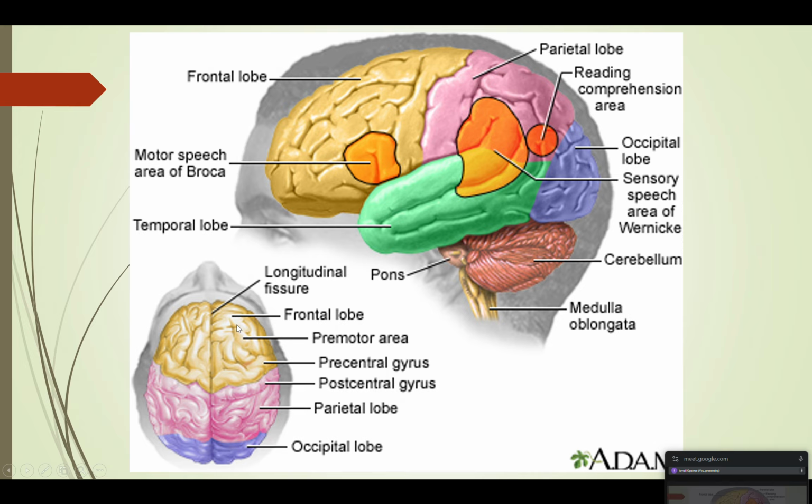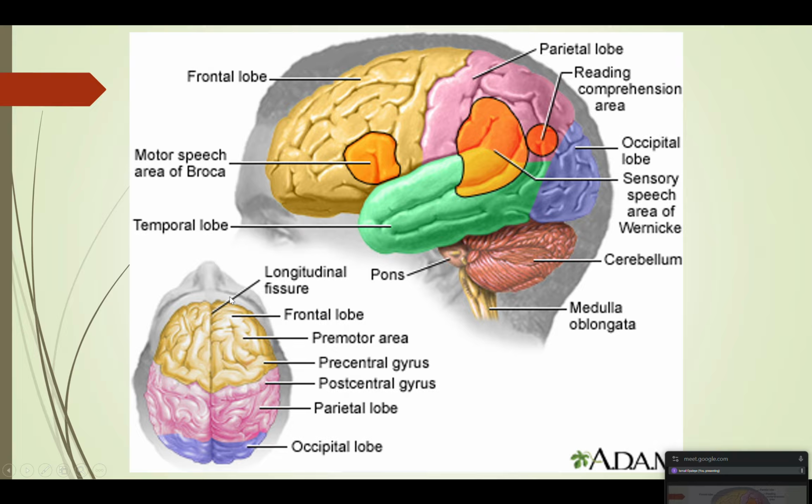Frontal, more to the front, to the forehead. Parietal, around the middle. Occipital, usually back. And then temporal, you have it closer around the ears region here. So one on this side and one on the other side of the ears as well, left and right. So you have left, right for the two of them.